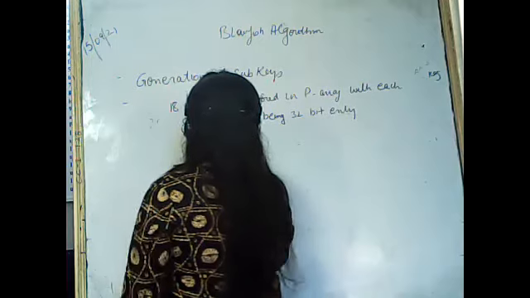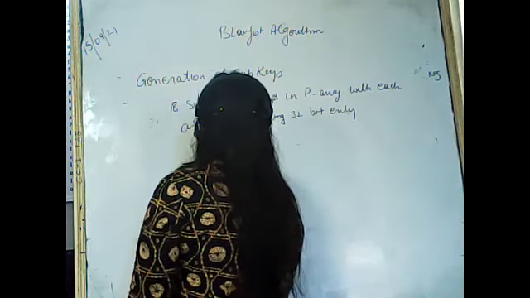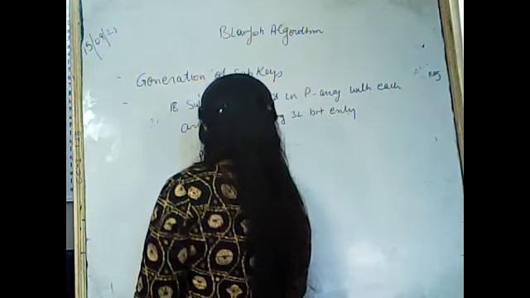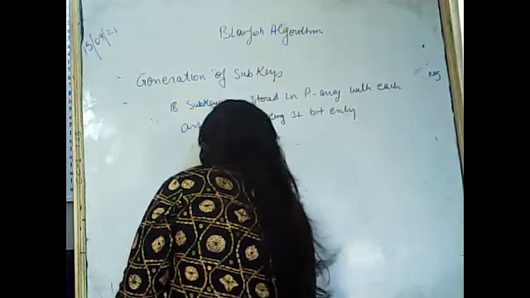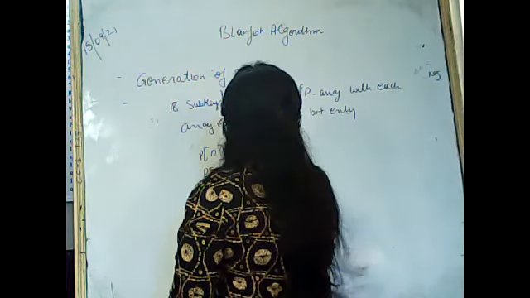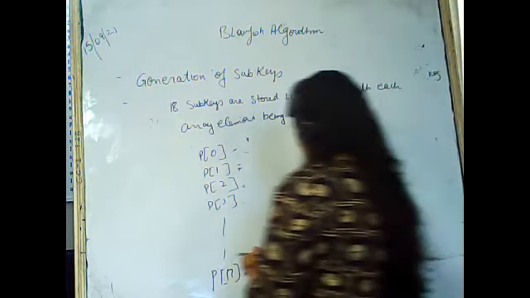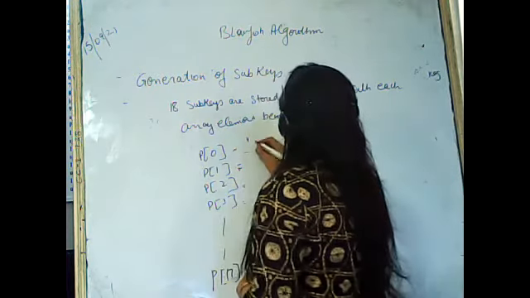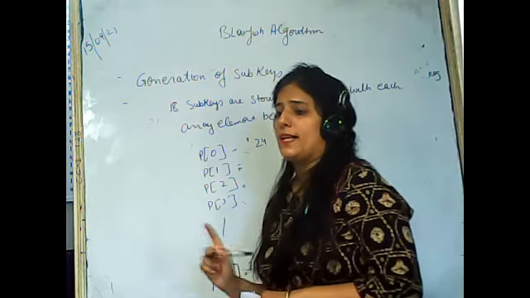We have P0, P1, P2, P3 till P17. Each key is 32 bits. Here we are representing this 32-bit value in the form of hexadecimal.